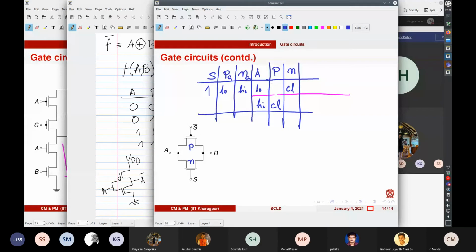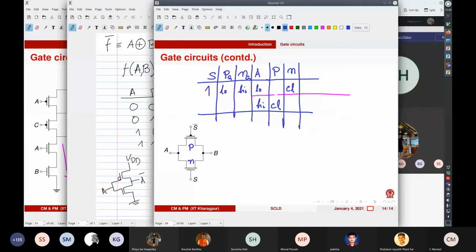What happens in this case, when A is high and N is high?